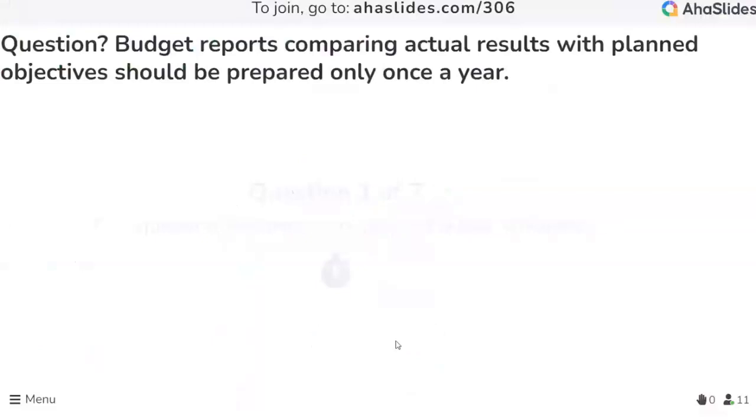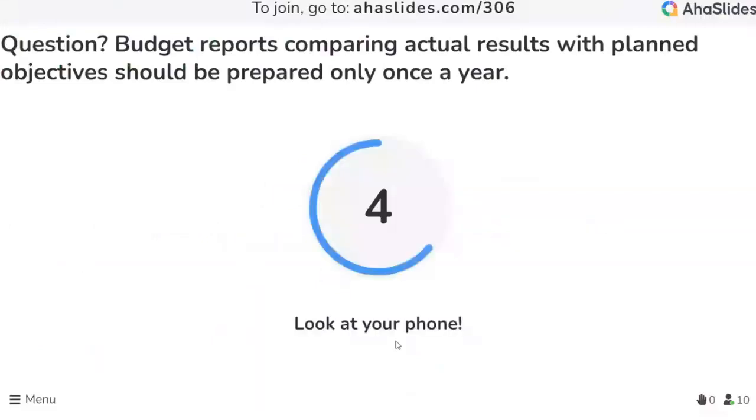Budget reports comparing actual results with planned objectives should be prepared only once a year. True or false?